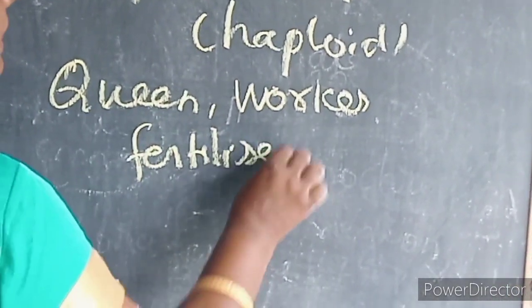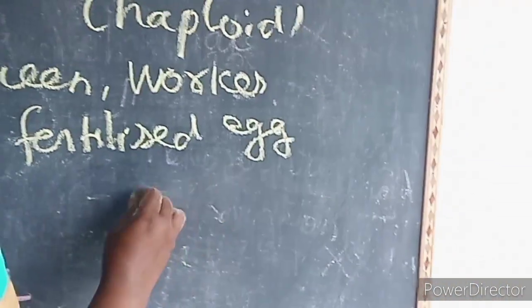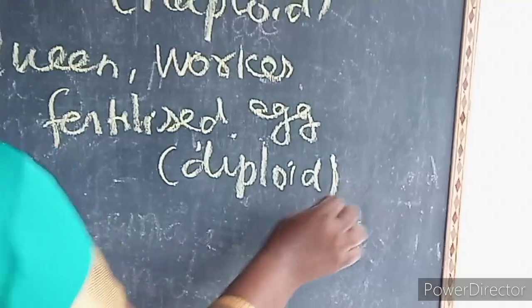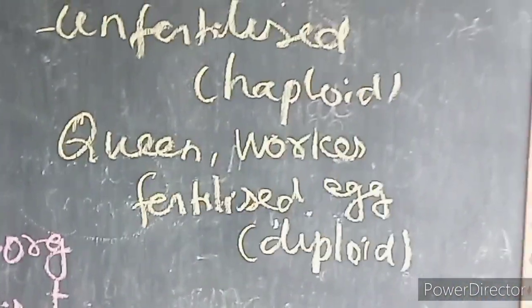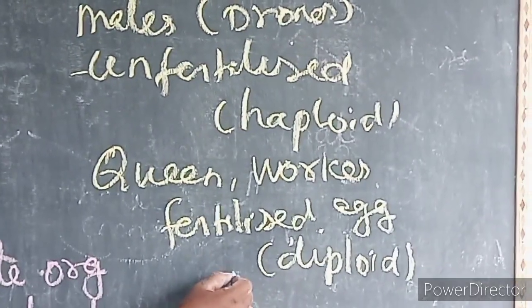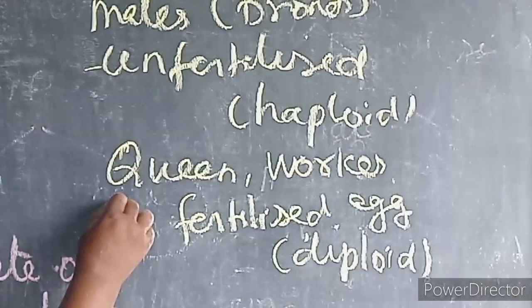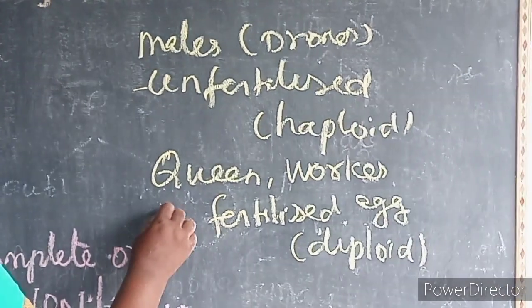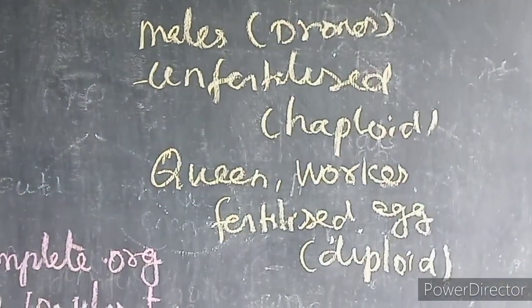Then it becomes a diploid. Now there is a question, how both the queen bee and the worker bees are developed from the diploid. So the question is, how the queen bee maintains the colony. There is a process called as a kin selection.